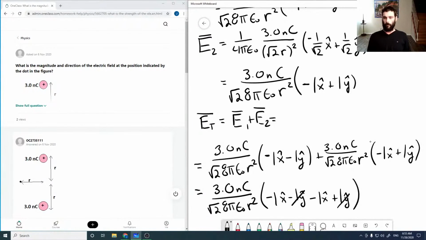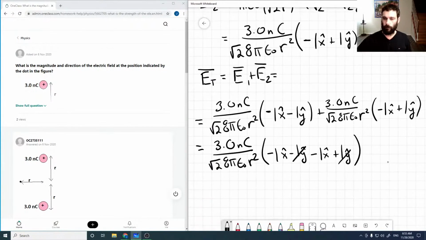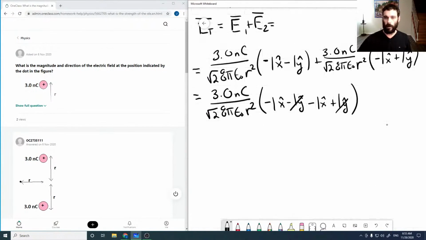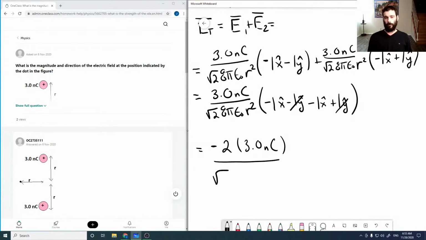And then the minus 1s are going to double up. And then this is going to give us our final answer, which is minus 2 times 3.0 nanocoulombs over root 2 8 pi epsilon naught r squared x hat.